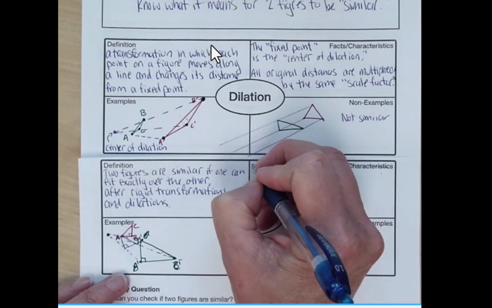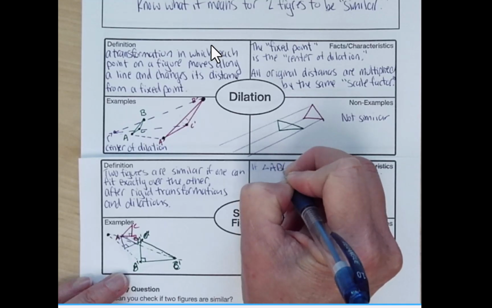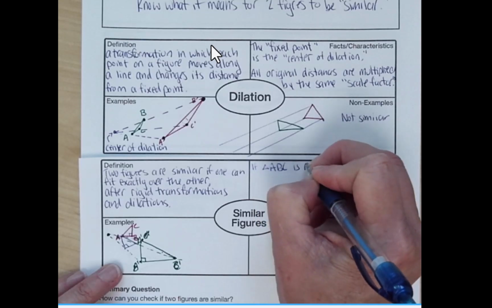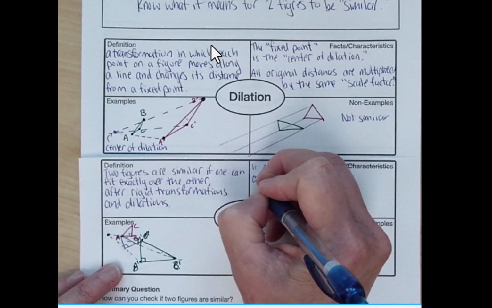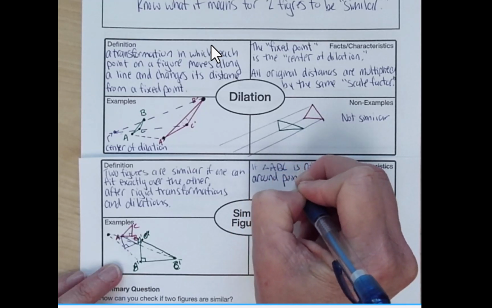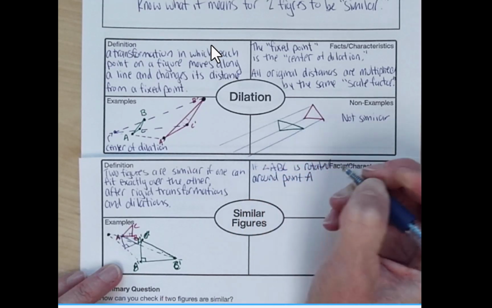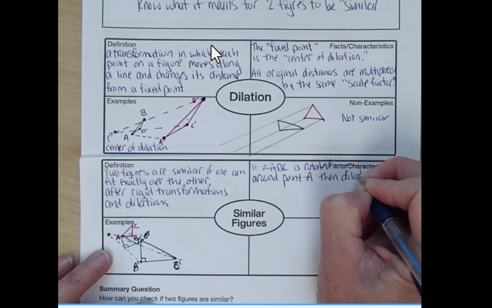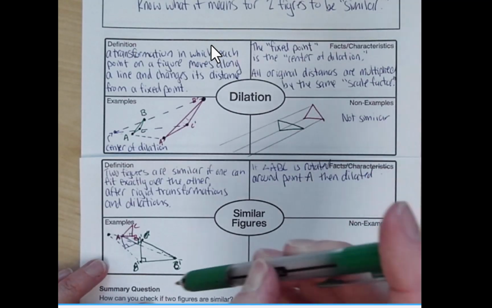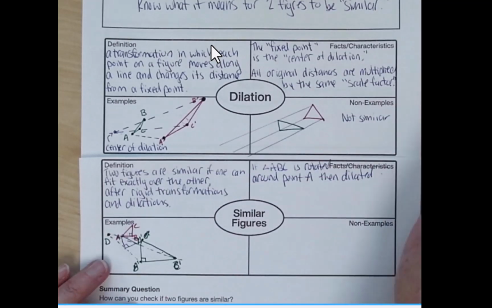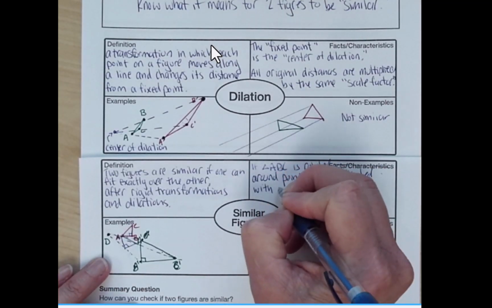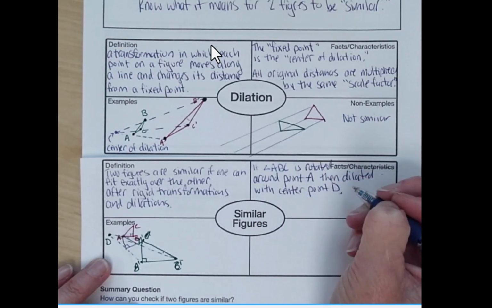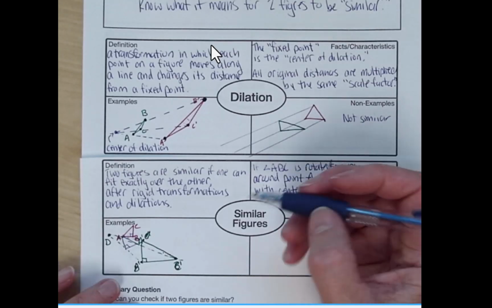If triangle ABC is rotated around point A, then dilated with, you know what, I should probably give this a name, with center point D, then it will fit exactly over my finished figure.